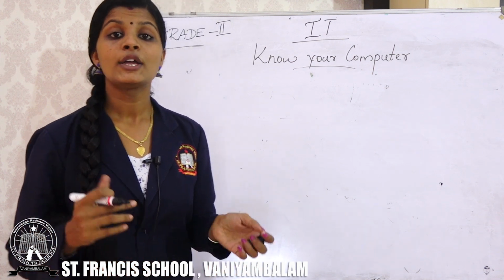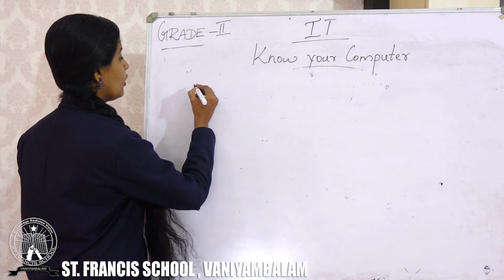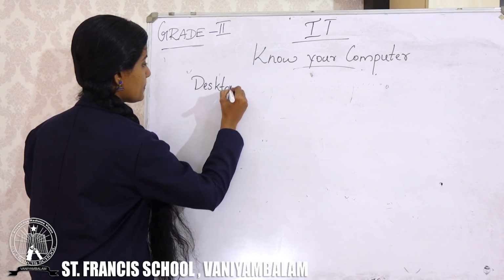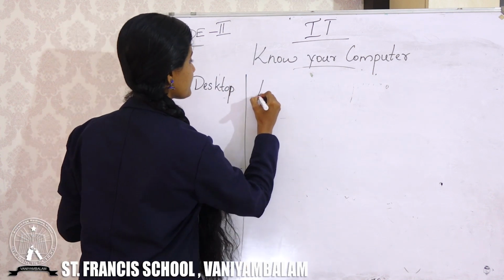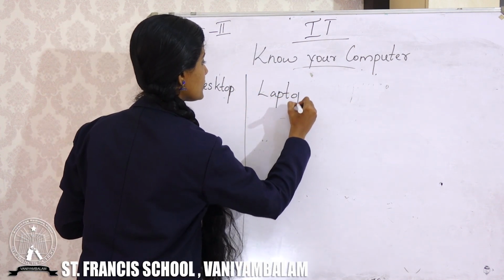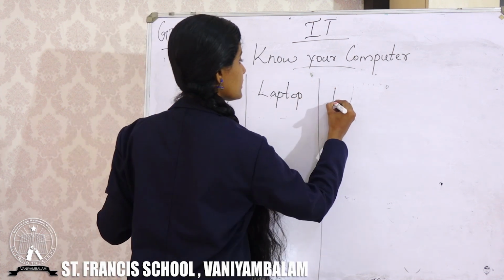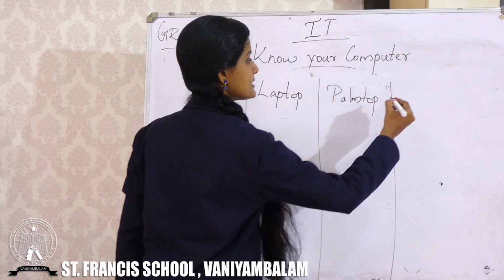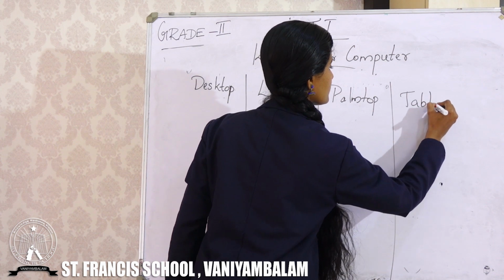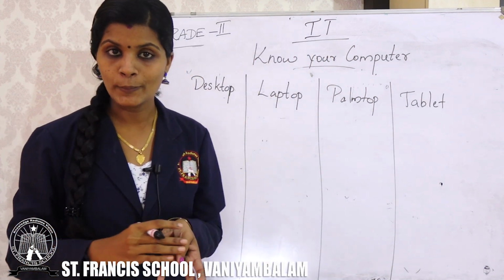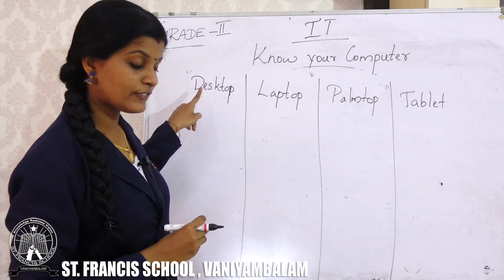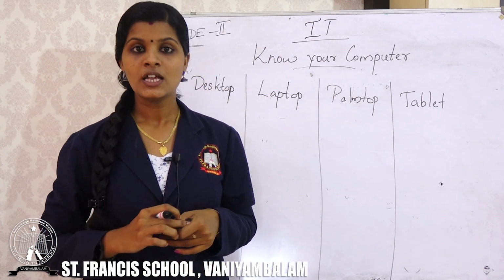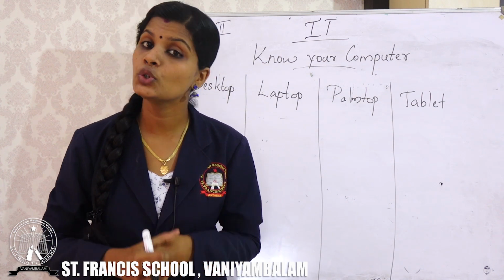So in your notebook, you want to write the spelling of desktop, laptop, palm top and tablet. So in your notebook, neatly you want to write the spelling of desktop 10 times, laptop, palm top and tablet. So this is the work you want to do in your notebook.